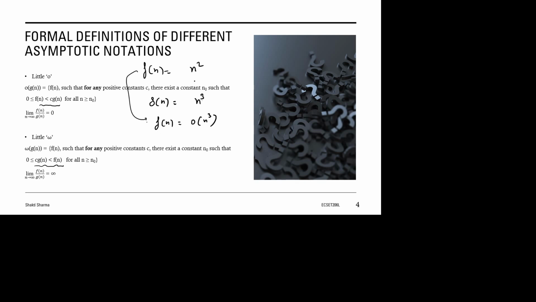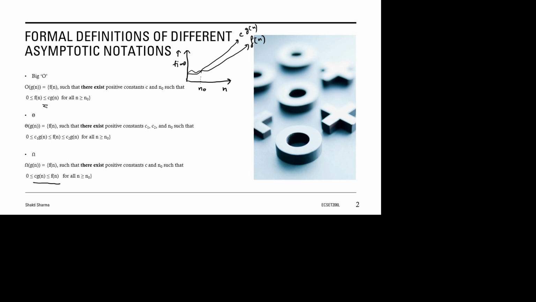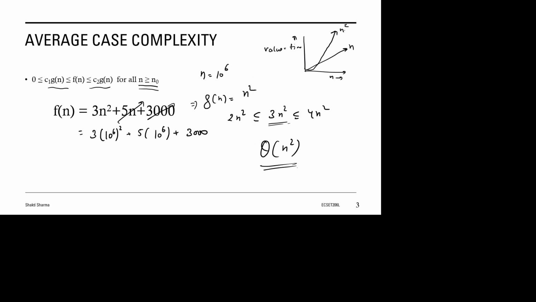So these two represent the loose upper and lower bounds. However, the previous ones represent the tight as well as loose lower and upper bounds. These three are more popular when a user wants to correctly estimate the complexity of their algorithm.